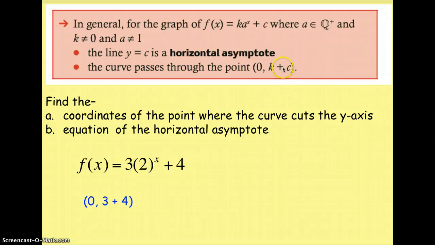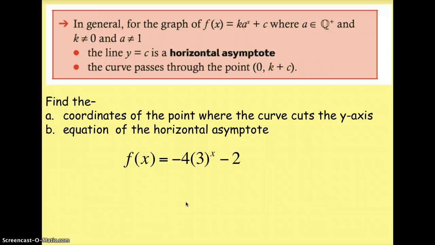And your c is plus 4, so you have 3 plus 4. So your y-intercept is 0, 7. That's your point. How about your horizontal asymptote? Your horizontal asymptote is your c. In this equation, your c is 4, so you just simply write y is equal to 4. I hope that was easy for you to follow.